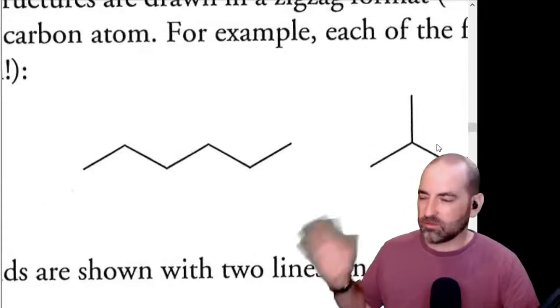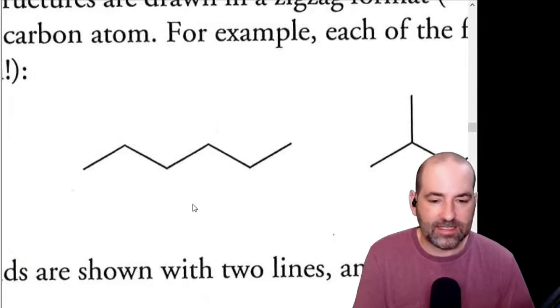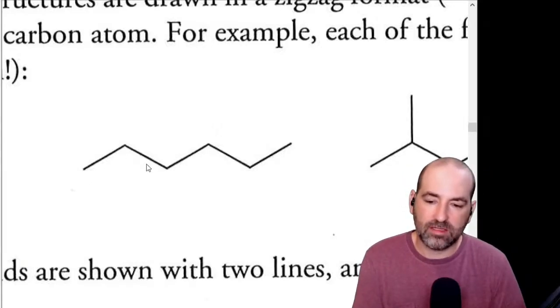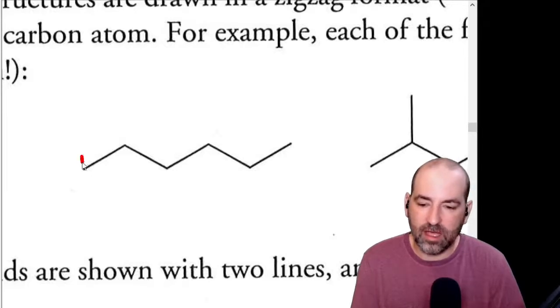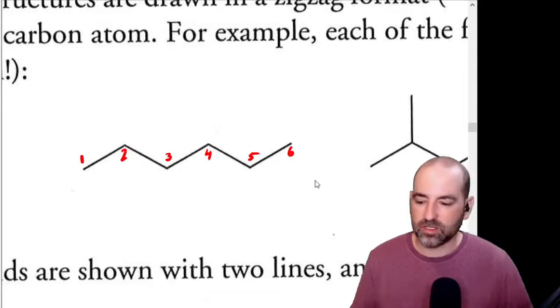This document does a nice job of explaining all this. You get these zigzag lines, and the way they work is that anywhere two lines intersect, or there's the end of a line, is a carbon atom. So there are 1, 2, 3, 4, 5, 6 carbon atoms in this structure.